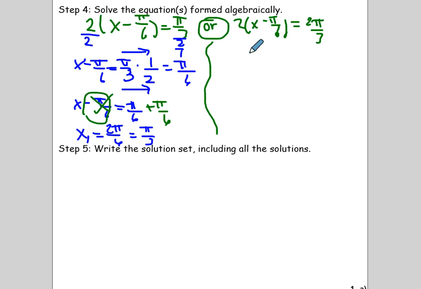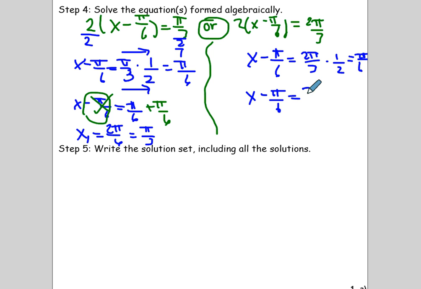So we do the same thing on the other side. So we're going to have x minus pi over 6 is equal to 2 pi over 3. When you divide by 2, you multiply by 1/2. So we are left with 2 pi over 6. Now we have x minus pi over 6 is equal to 2 pi over 6.